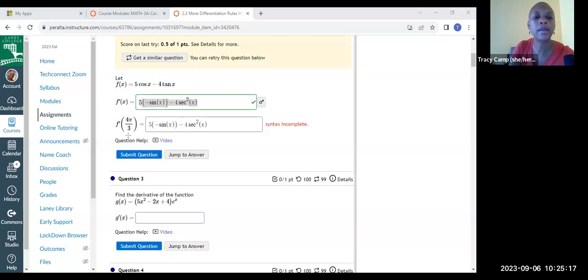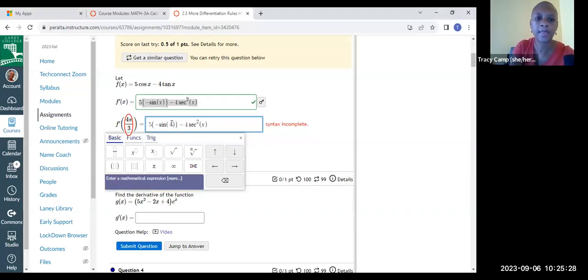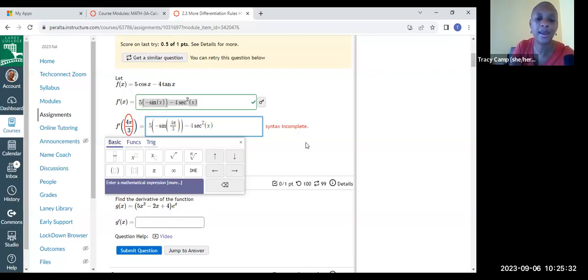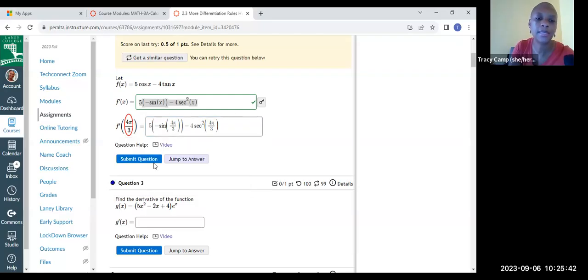So I need to plug in 4 pi over 3 for all of my x's. You can just type pi to put pi in, or you can do 4 and then click on pi here, over 3. And it'll accept this answer.